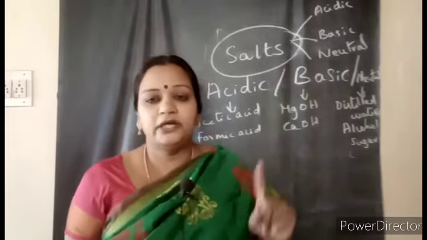Now let us recollect one of the experiments we did in the previous class, children. Do you remember that we added baking soda and vinegar? Yes, no children? We added baking soda plus vinegar.